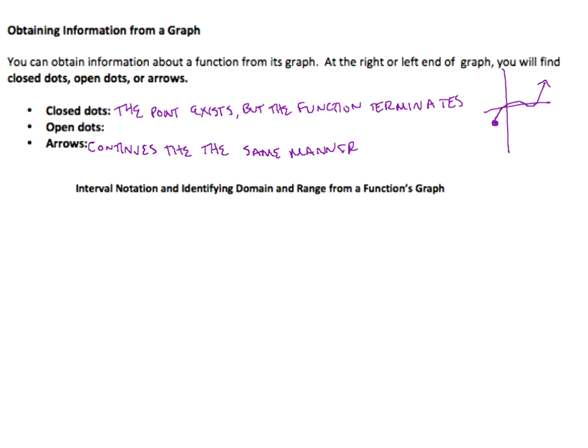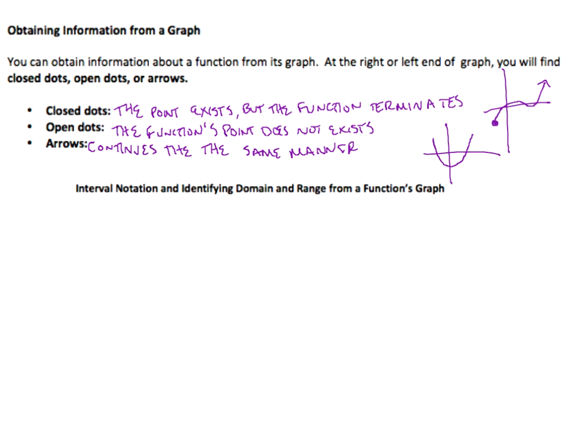An open dot means the function's point does not exist there. And I would say it terminates if you have that on the end of the function, like, let's see, put a parabola type thing.